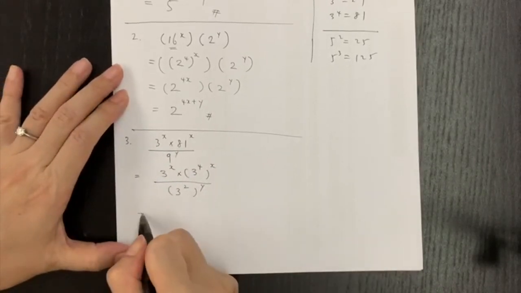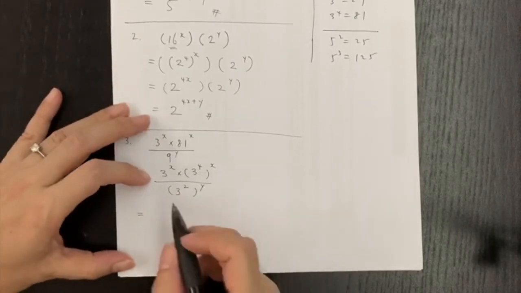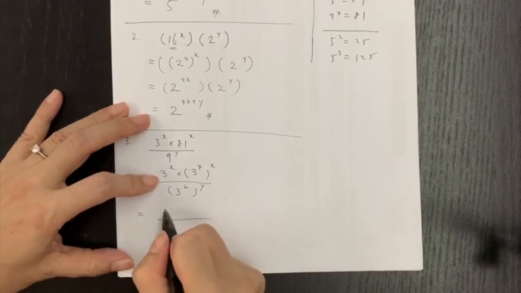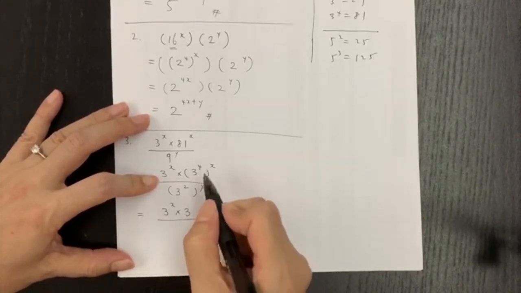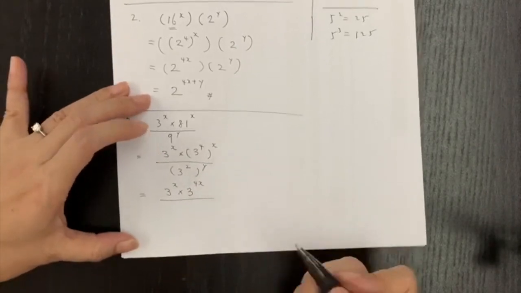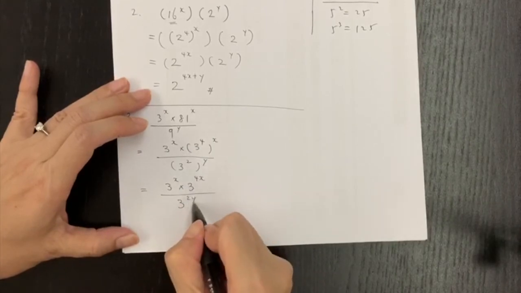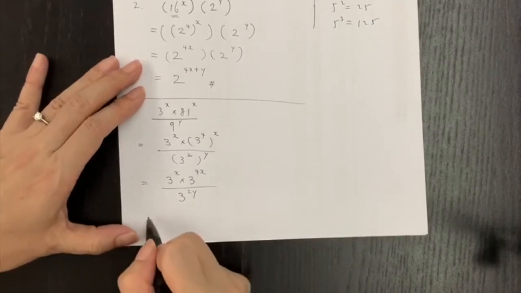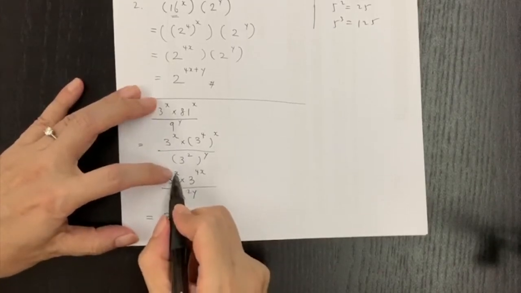Okay, since I have everything in the factor of 3, I can put them all together. So I have 3 to the power x times 3 to the 4x, because 4 times x is 4x. And then here I have 2 times y is 2y. Okay, and finally I can join them all together. So 3 to the power x times this.